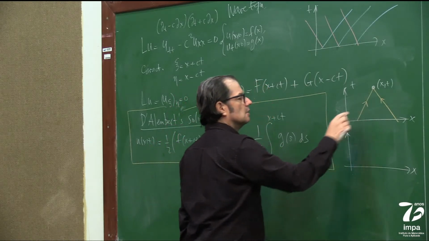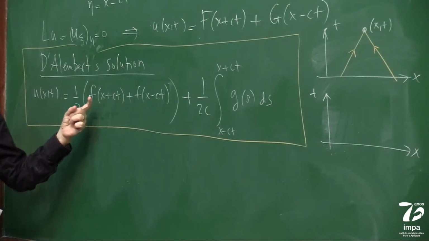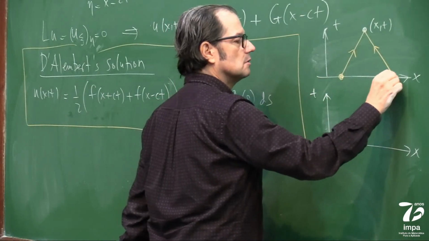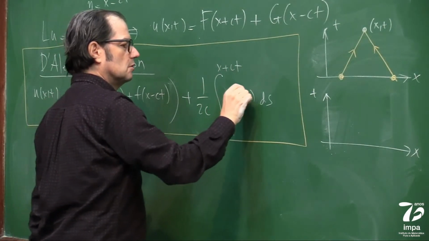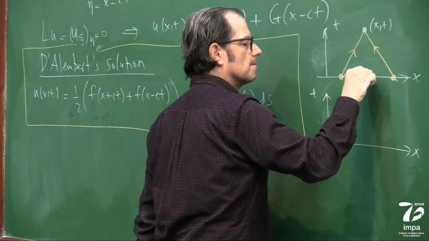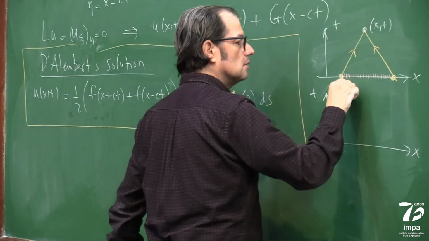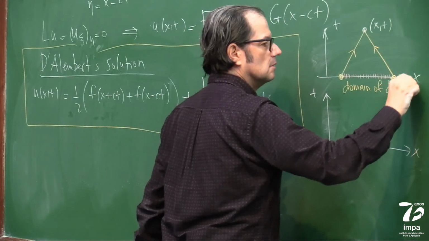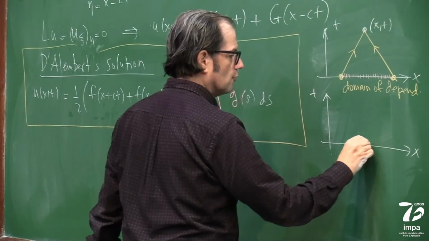And therefore, because the solution at this point has this expression, it depends on F at the extreme points, but it depends on G. Look at the interior. Okay, so this is the domain of dependence. And then we also have the region of influence.